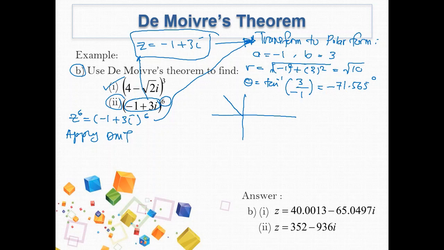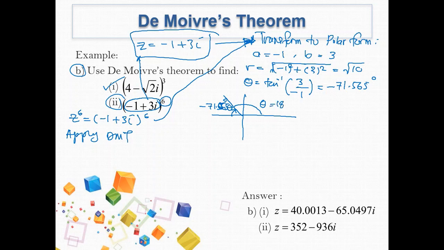It is negative here because it is the small angle following the clockwise. That's why it is negative 71.565 degrees.